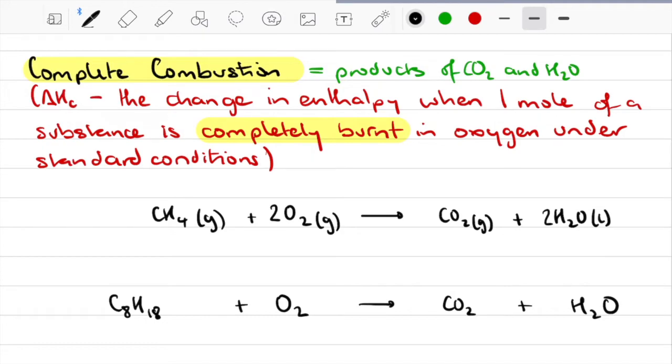If I talk you through balancing it, I'm going to start with the carbons. I've got 8 in my octane, and I obviously only have 1 in carbon dioxide. So whatever number comes after the C is what I'm going to put in front of the carbon dioxide. So I'm going to put 8. And then whatever number of hydrogens I've got in my alkane, I'm going to put half that in front of the water, half because I've got H2. So I'm going to put 9.